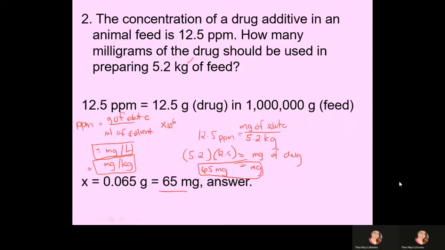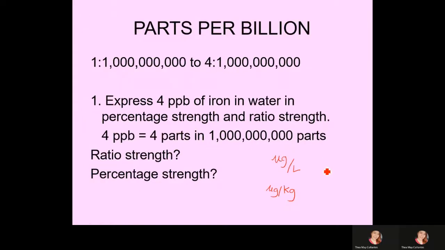Then, that's it. You no longer need to multiply by 1 million because the unit is already fixed. It is already converted. Okay? So ppb is times 10 to the 9. So, this is what the units you need to interconvert would look like.